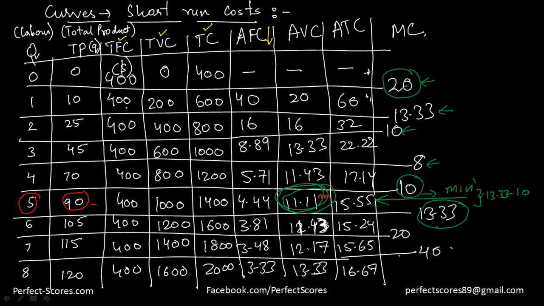That is actually equal to 15.55. That's the minimum, right? No, sorry, that is actually going to be 15.24. And in between 13.33 and 20, even the marginal cost will be 15.24, right? So that means even the marginal cost will cut the average total cost from its lowest point.